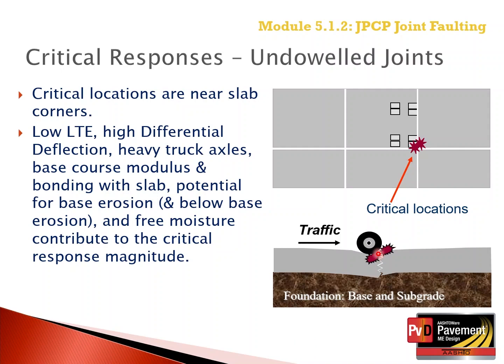The low transfer efficiency degrades over time and is dependent on the width of the joint, aggregate interlock, magnitude and number of axle loads, bonding or the interface friction between the PCC slab and underlying layer, the supporting base resilient modulus and its potential for pumping and erosion, and the magnitude of free moisture and resilient modulus of other supporting layers, including the subgrade.